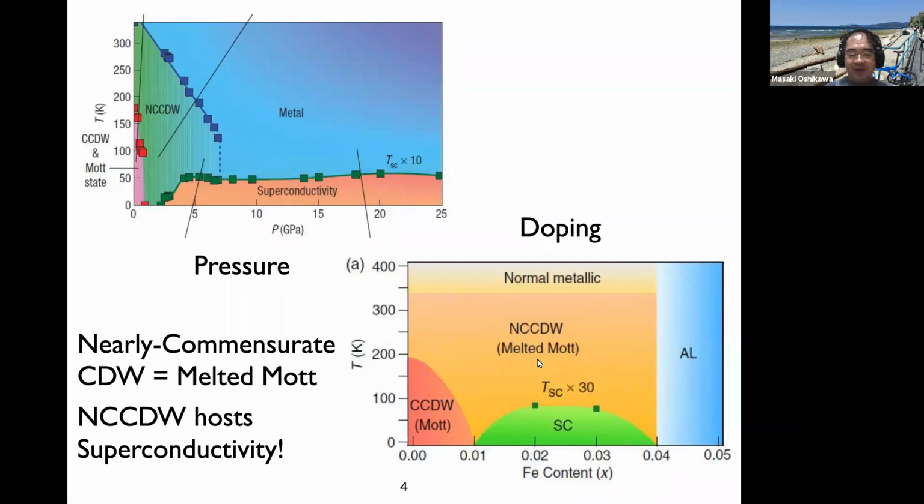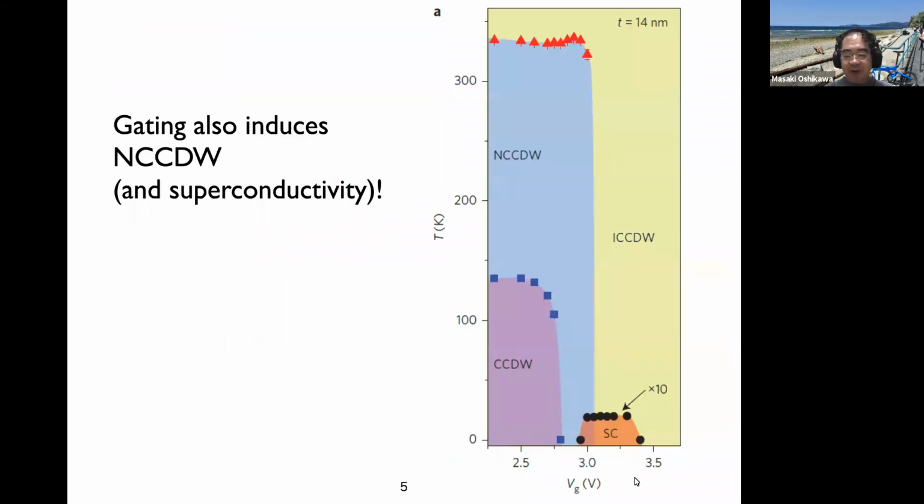So there is something interesting going on at this melted Mott insulator, or nearly commensurate CDW phase. And also by applying the gate voltage, they found a similar phase diagram. Okay, so we want to know what's going on in this nearly commensurate CDW phase.